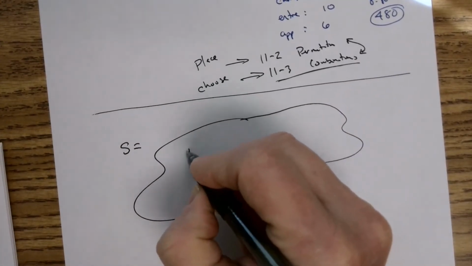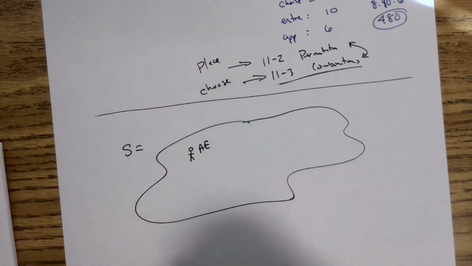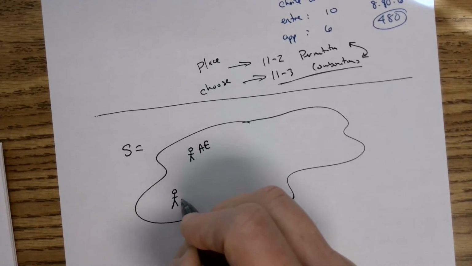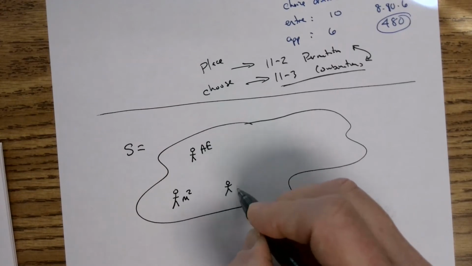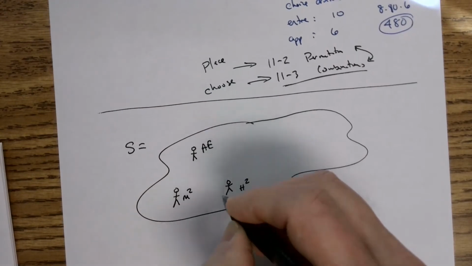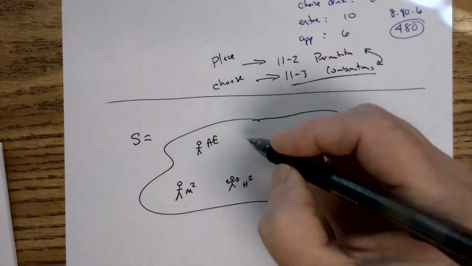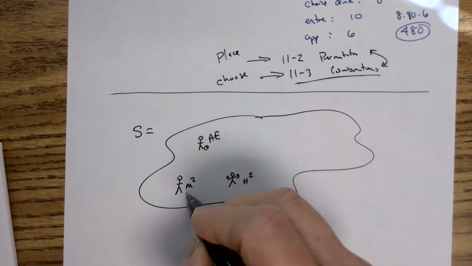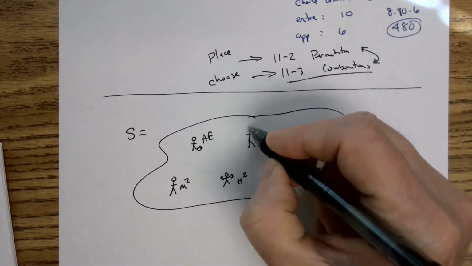Let's put in this person right there, this person, and this person. We'll make this one cheering. Yay! This one's playing soccer. This one's maybe in the band.